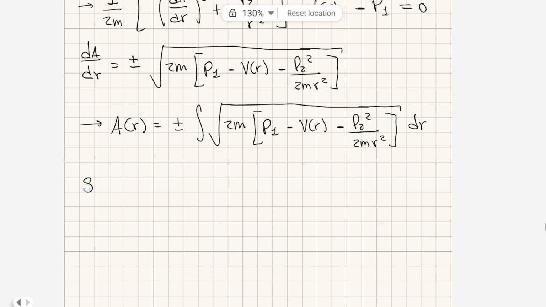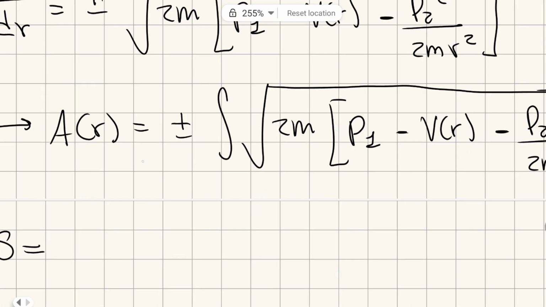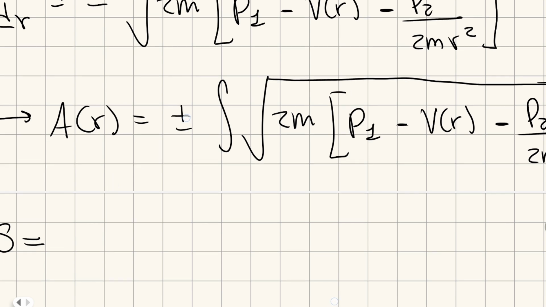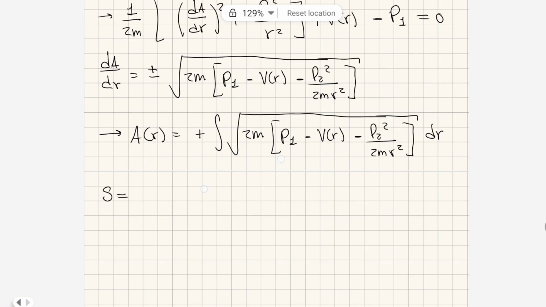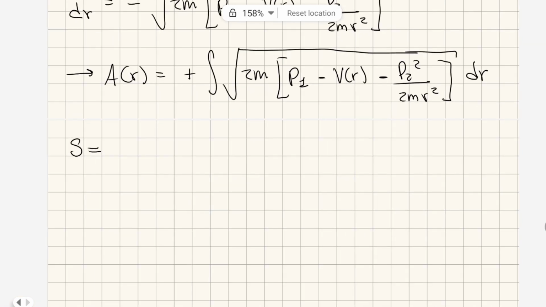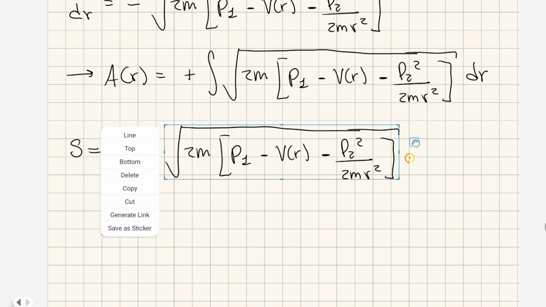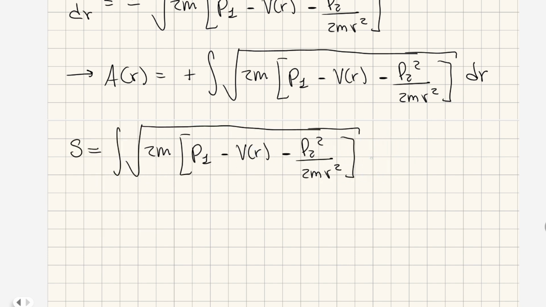So that means that s is going to be equal to, and another important thing is that we just need to find one solution of the Hamilton-Jacobi equation. This is giving us two solutions, plus and minus. We are just going to take the plus sign for simplicity, so the function s that we're looking for is the integral of this thing dr, and then plus p2 theta minus p1 t.